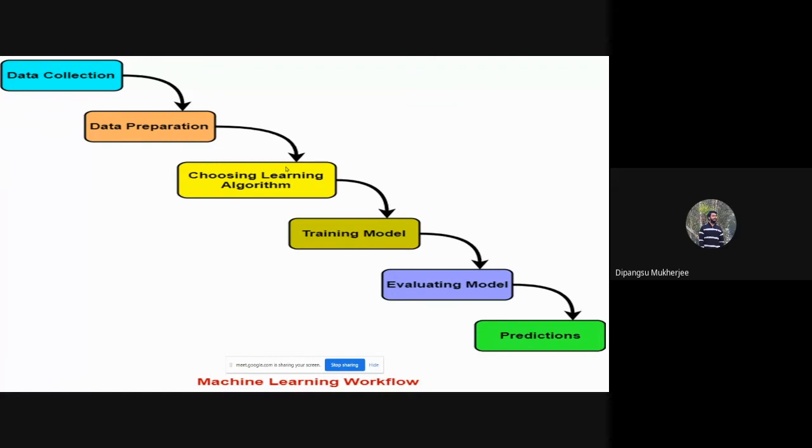When we recognize that this is a regression problem, we will have to decide which regression algorithm we will use. There are many classification algorithms too, like SVM (support vector machine), random forest, decision tree. So how to choose that? That is called choosing a learning algorithm.